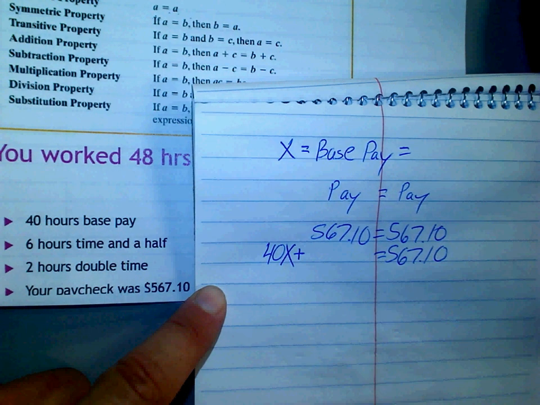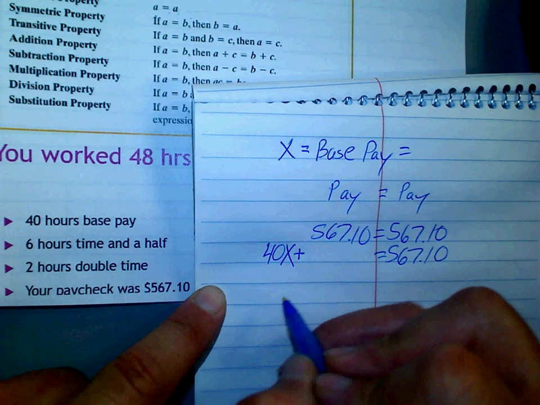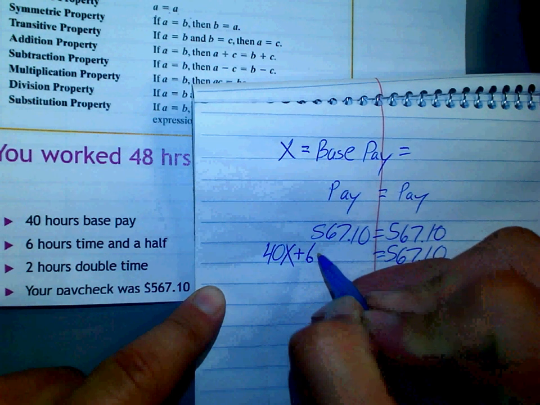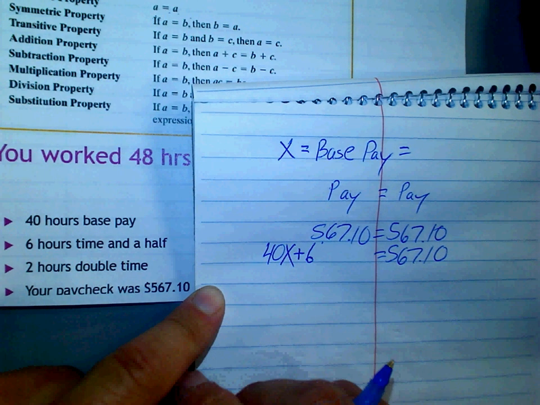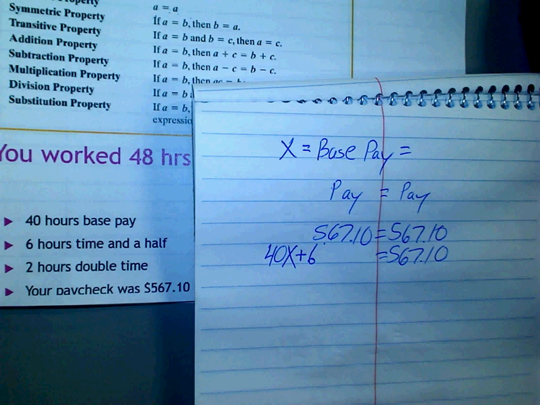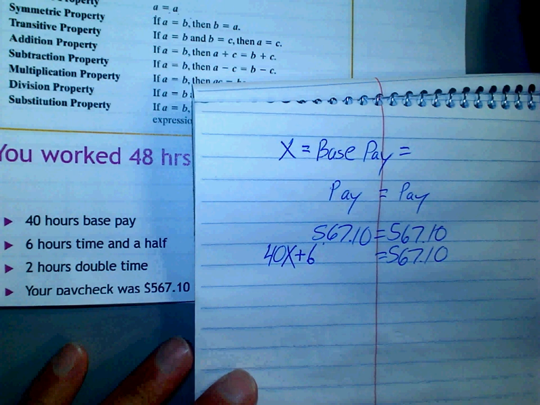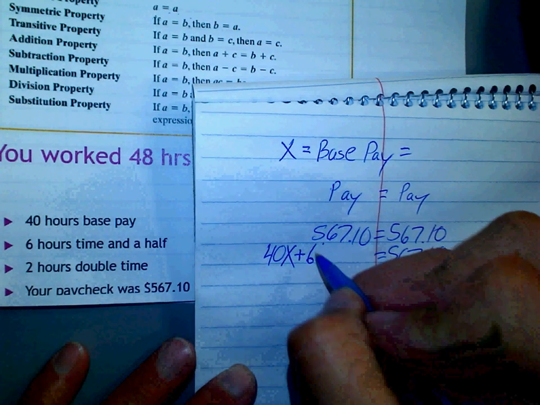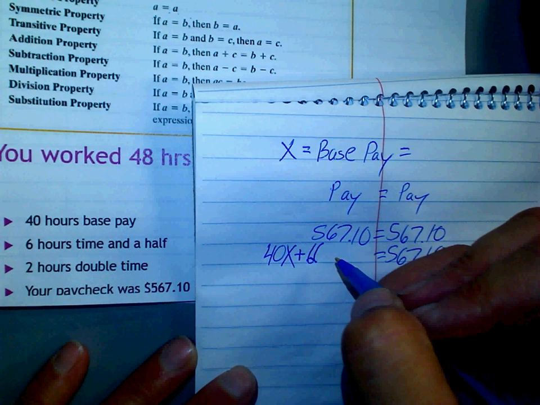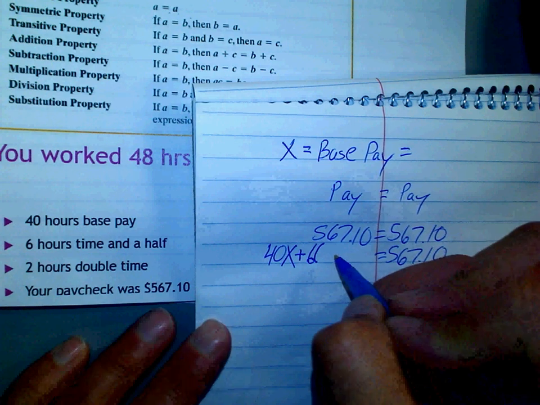It would have to be 6y because it can't be 6x. Otherwise, it would be added into the 40. It can be more X. How do we say? There we go. Just give the X a little different value. Let's give it a 1.5. That's time and a half.